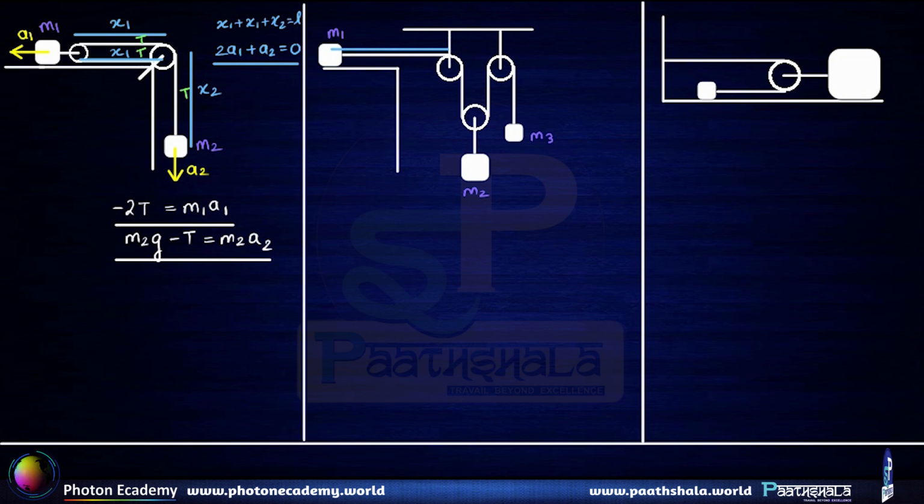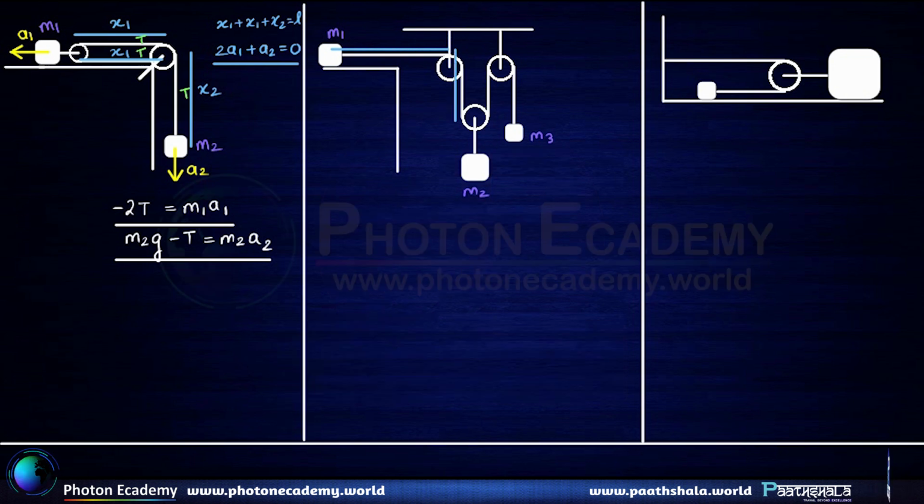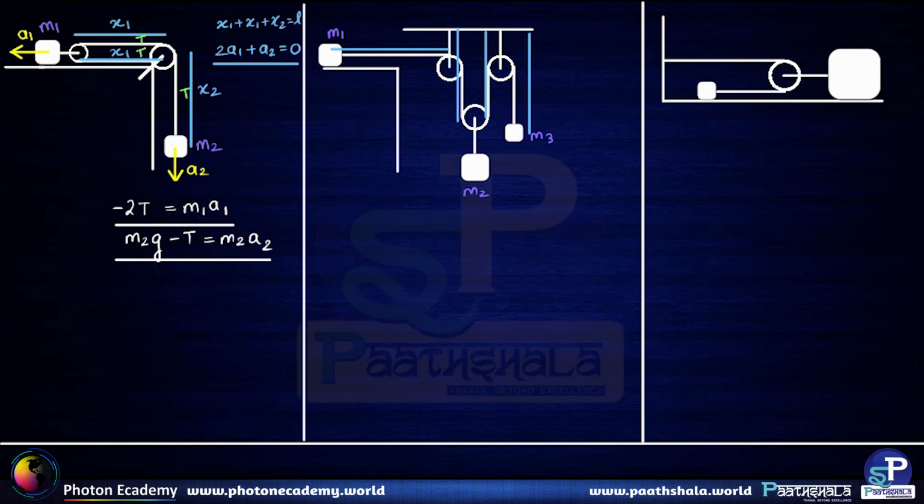Let me take x2 from the rigid support. This is the distance x2. This also happens to be the distance x2, and this is the distance x3.